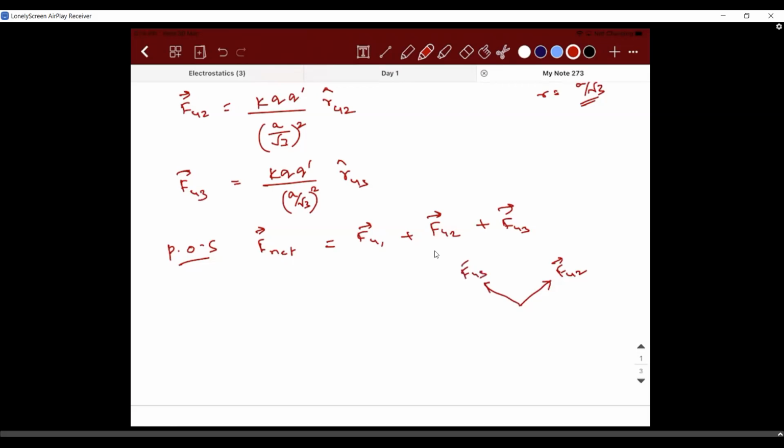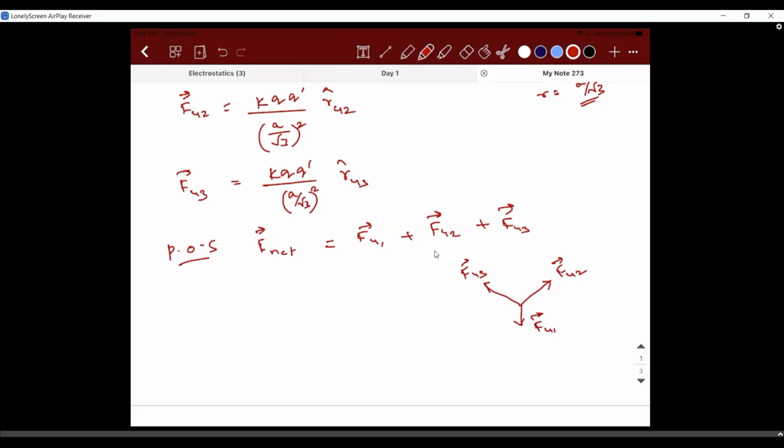This is F43 vector. Then what about this thing? F. Aren't they in completely different directions? So our job is to solve this problem. You add them vectorially, but you will not get the answer that easily. So we can take the help of resolution of vectors and then solve it.